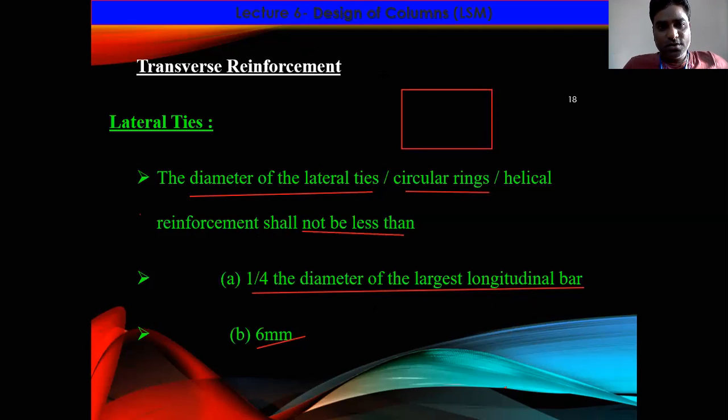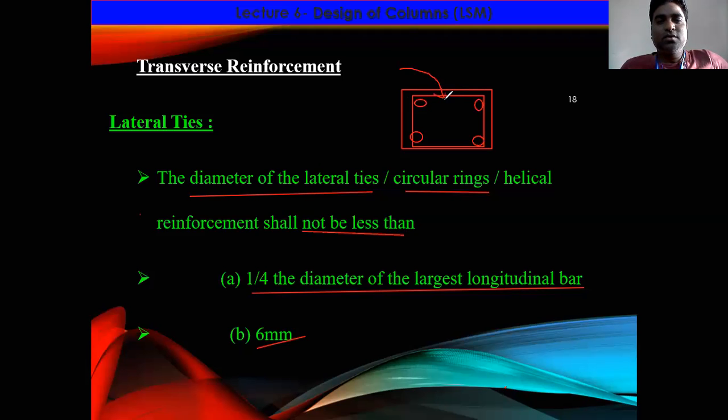Lateral ties, I have shown in last class, which is provided. So suppose this is your column and you have to connect all the bars. Suppose you have one bar here, and another bar here, and you need to provide a ring by connecting all these bars. So this is called your lateral ties. Generally in beams we call it stirrups.